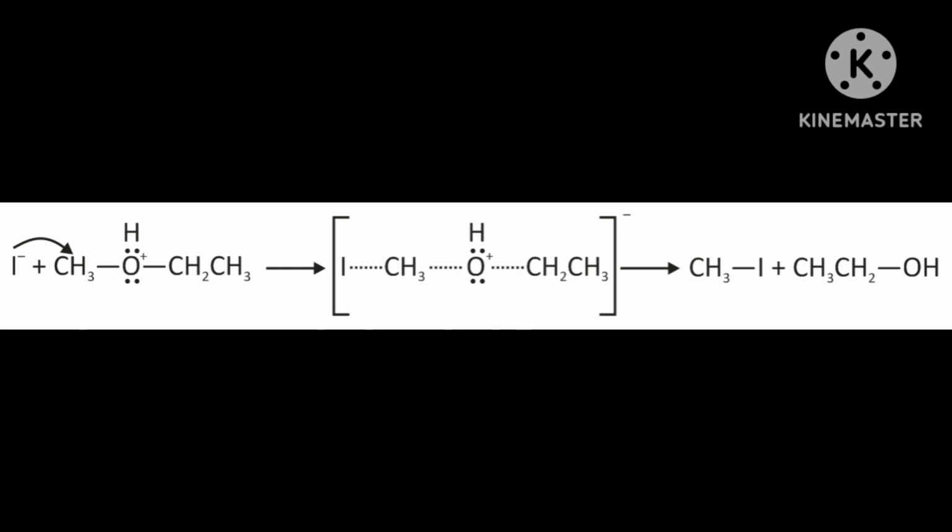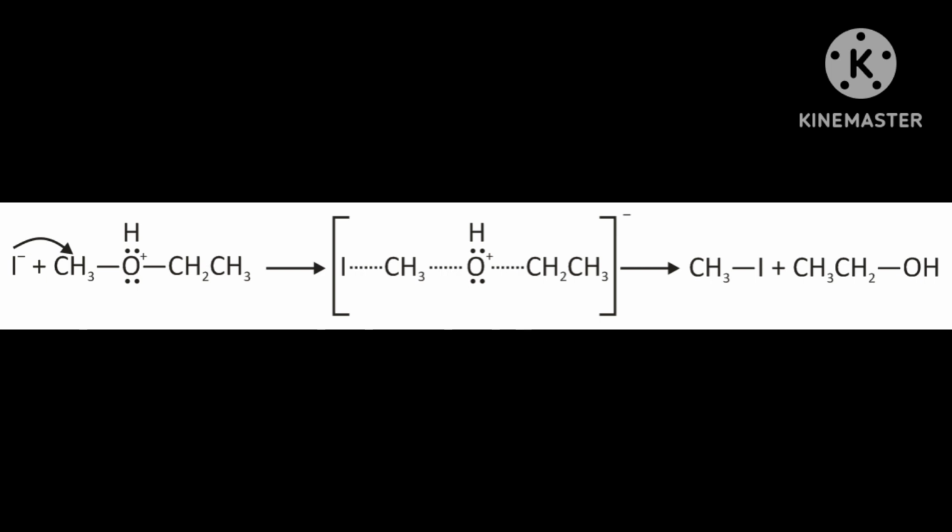You can write, I told you, SN2 means a one step reaction. So you can write transition state, not intermediate, for a short period. Then I will make a bond, and the ethyl bond, the CH3CH2 and O bond, will also become weak.